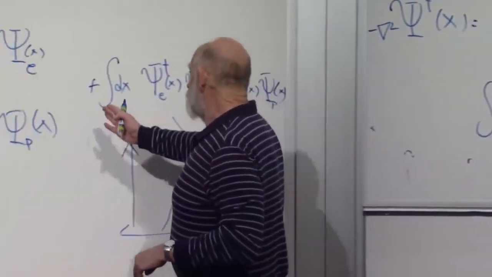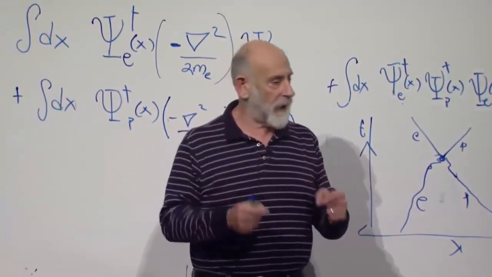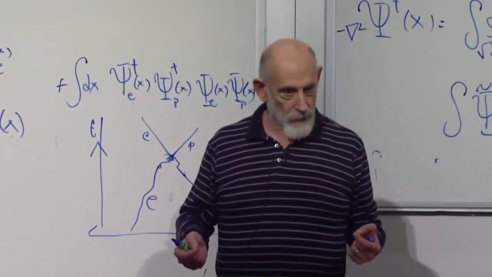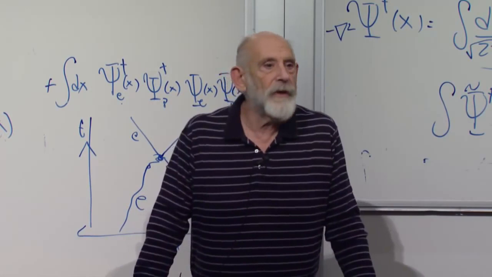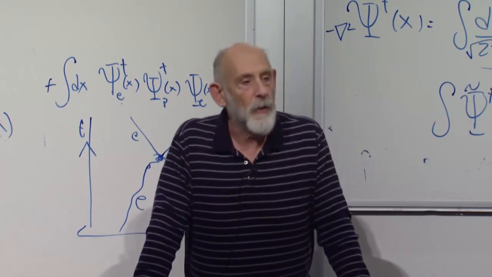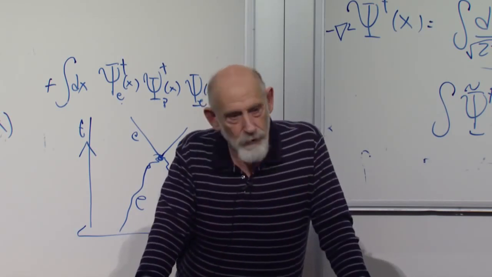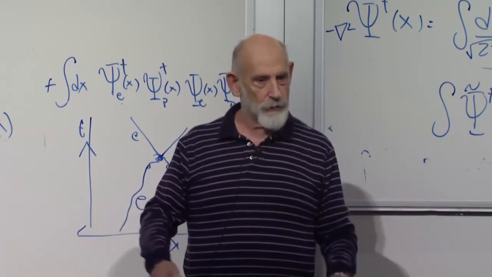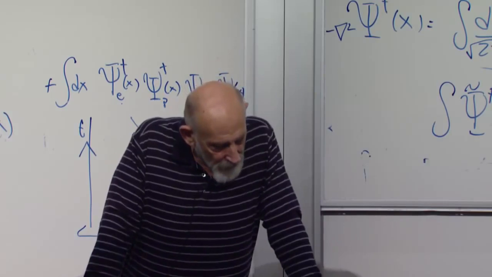So when an operator like this comes along and hits the state of an electron-proton system, it scatters the electron-proton system. So it's a scattering operator. It's equivalent to a potential energy between the electron and proton when they're at the same spot. Of course, real electrons and protons interact even if they're not at the same spot through the Coulomb potential, but we're just taking little steps one at a time.